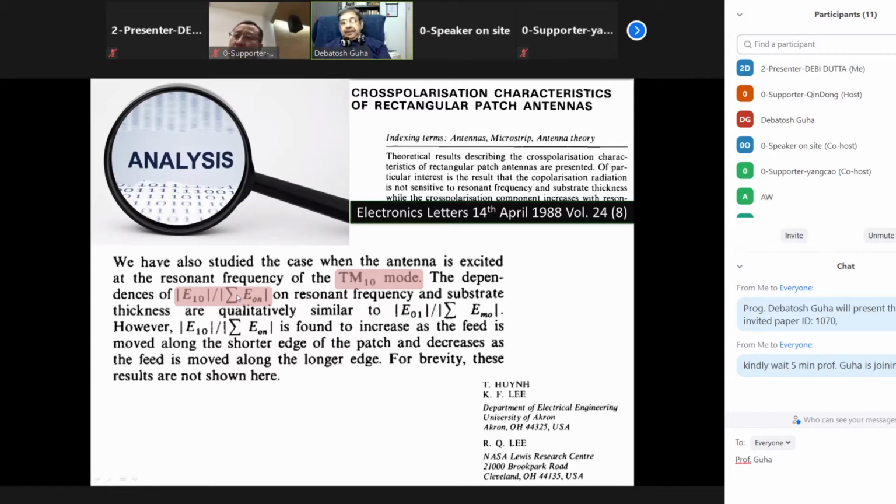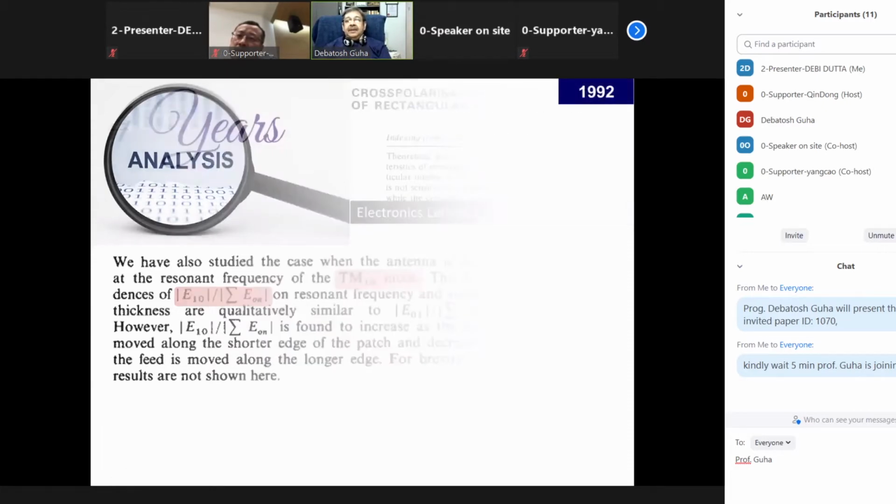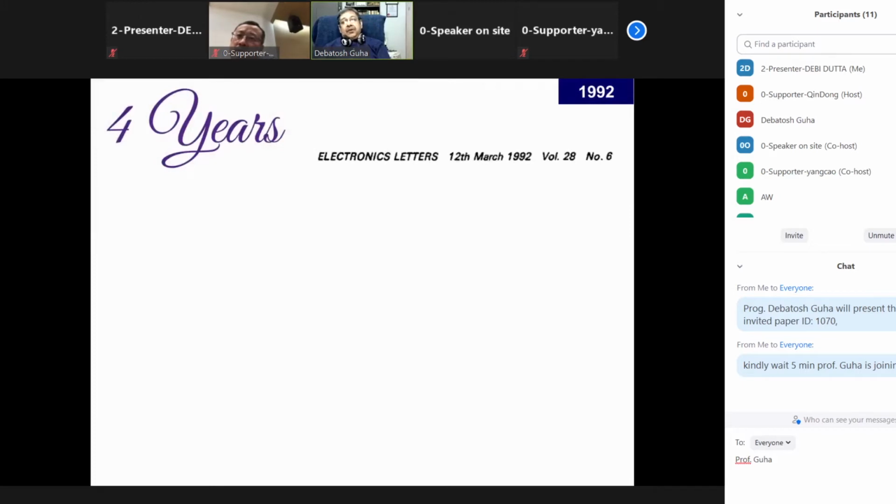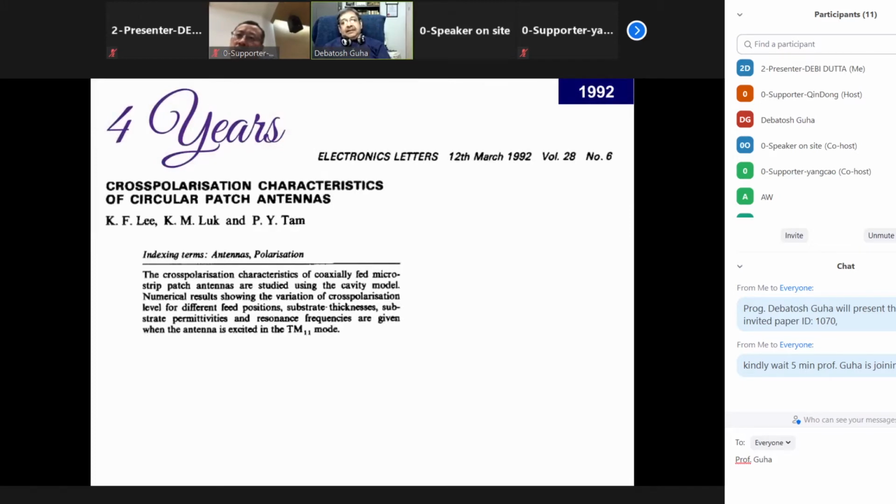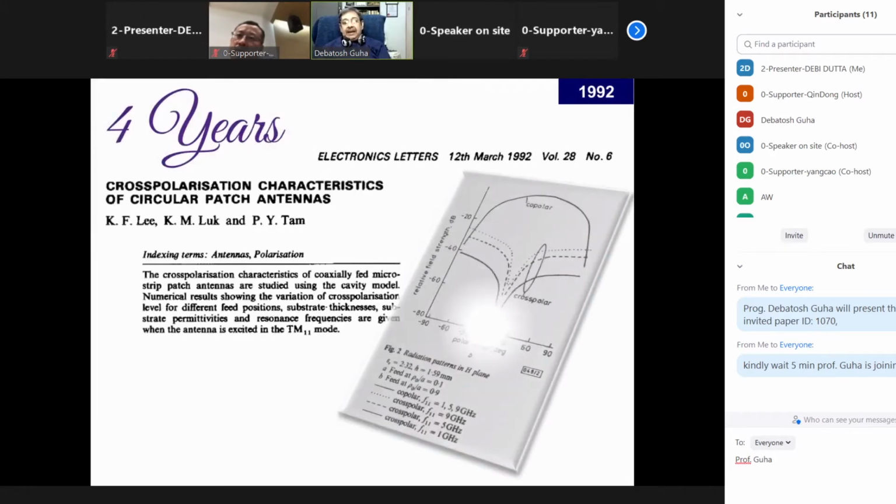But this paper, when you are going to read it, you should be very careful because they use no specific diagram. They refer to one previous diagram, so it is not in conventional style. But within 4 years' time, they developed their study and presented more mature results in 1992.